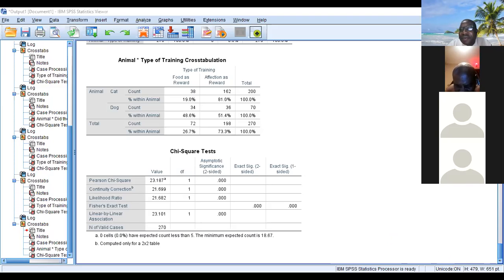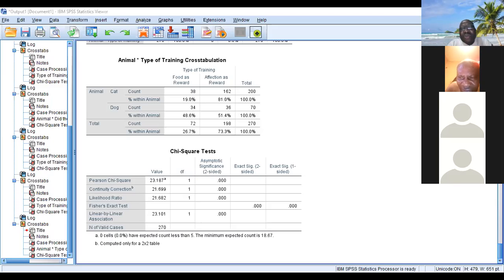I was saying that this last table you showed us, I didn't get it, because you were saying something about dog food as reward, but what I'm seeing here under food as reward for dog is 48.6%, which is higher. We are saying the same thing. I said we just try to look at animal and the type of training they give. It's not the final outcome. The final outcome is whether they dance or not.